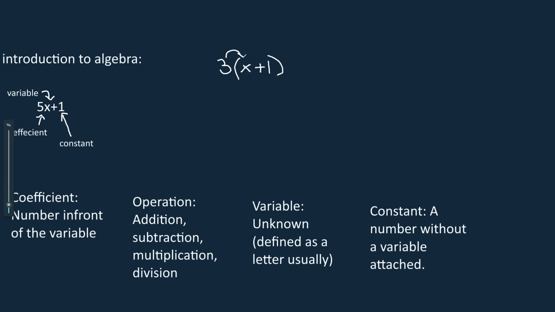So in this case, we distribute here and we get 3x, and we also distribute here and we get 3, because 3 times x is 3x. And 3 times 1 is 3.